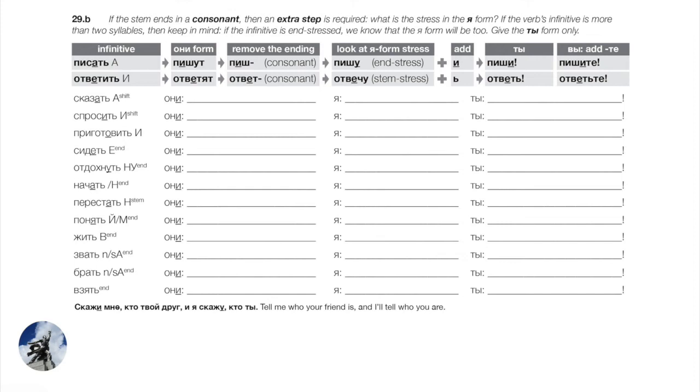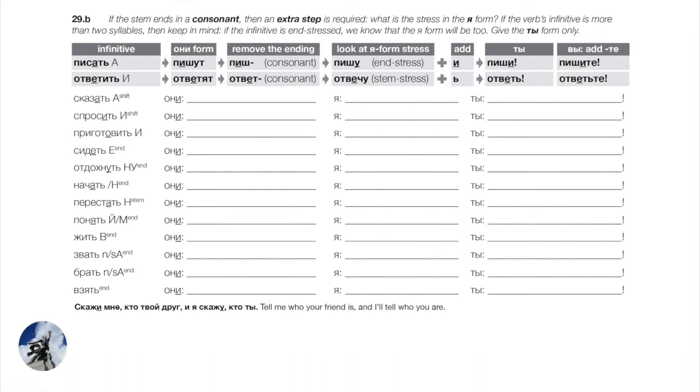And what's the ya stress? Я возьму, end stress, that implies возьми, возьми. You see the little пословица: скажи мне, кто твой друг, и я скажу, кто ты, right? With the imperative: tell me who your friend is, and I'll say who you are, because birds of a feather flock together.